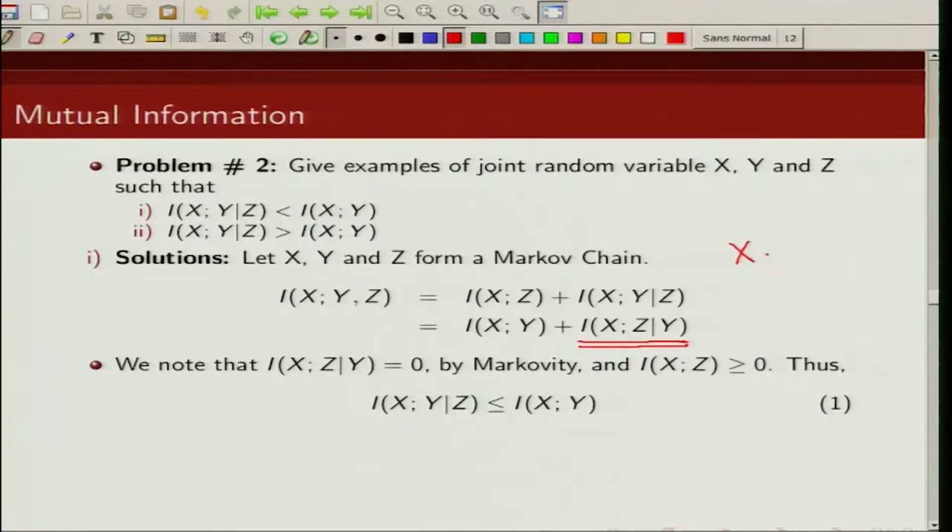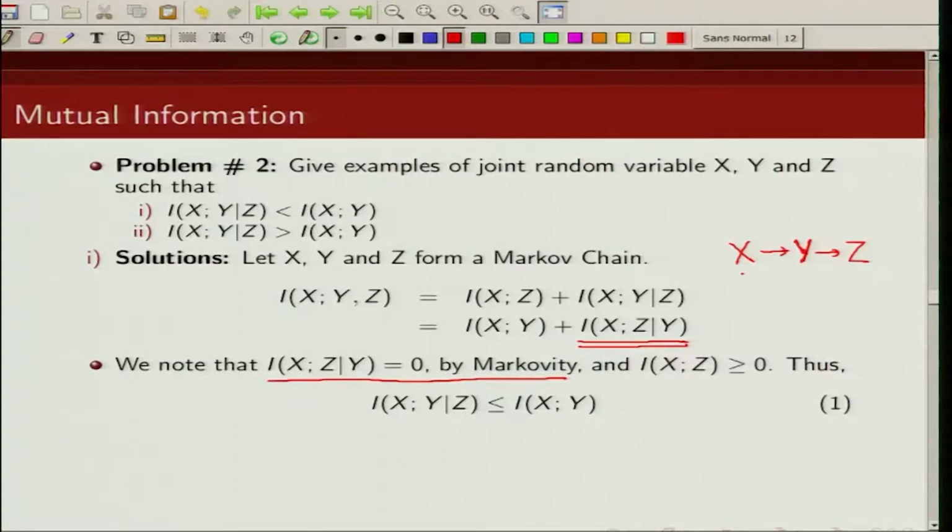Since x, y and z form a Markov chain, given y, the mutual information between x and z is 0, because if I know y, I have complete knowledge. Basically I don't need x. So the mutual information between x and z given y is 0, and this is because x, y and z form a Markov chain.